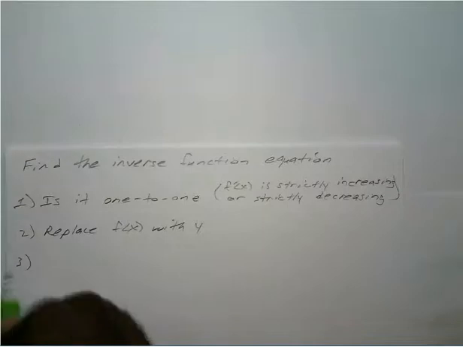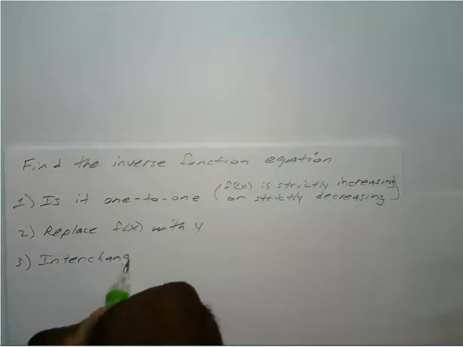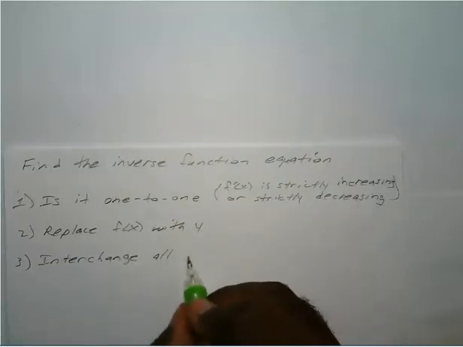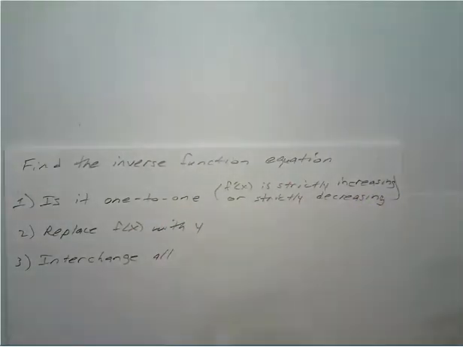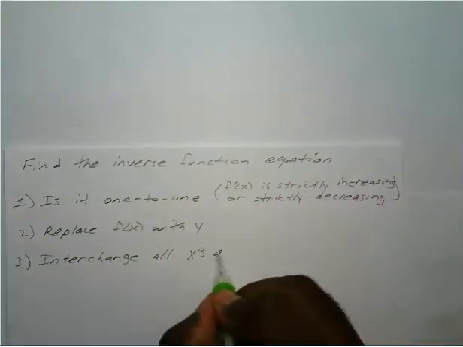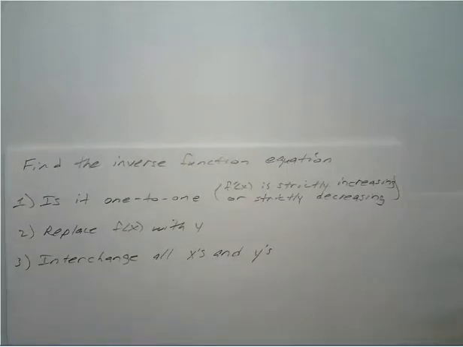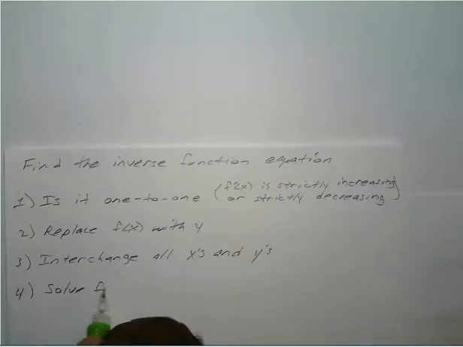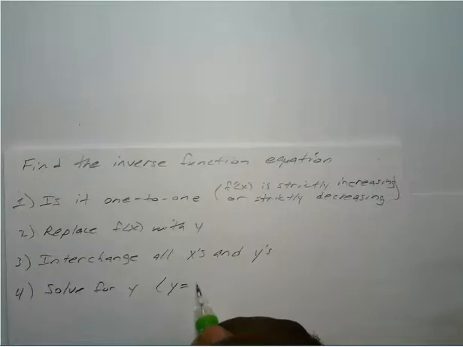Okay. Now your third step, you interchange all x's and y's. Okay, that means you change your x's to y's and your y's to x's. Your fourth step, you solve for y, and then your y will become f inverse of x.